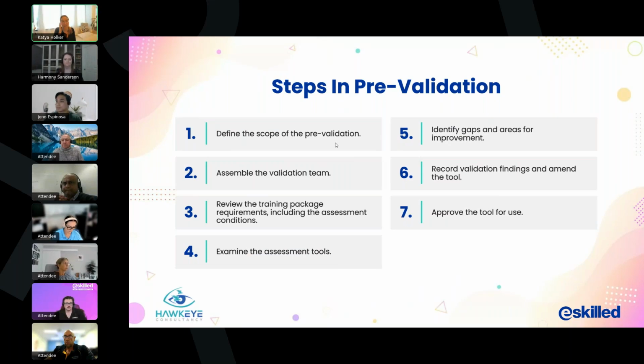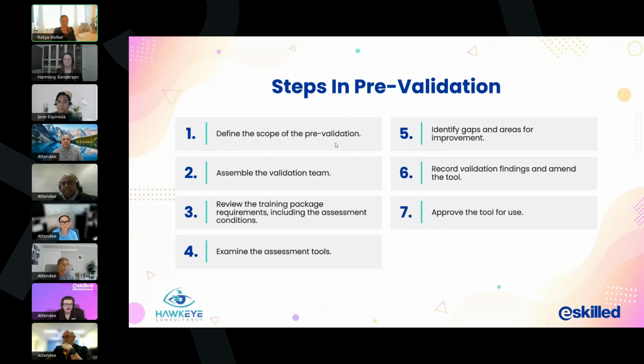Step 2 in validation, looking at assembling a team if possible. So that's where I mentioned having someone that's TAE qualified as well as industry. However, again, there's no definite need for that, but best practice, we would recommend that you have someone with either or a collective team. Looking at the actual training package requirements.